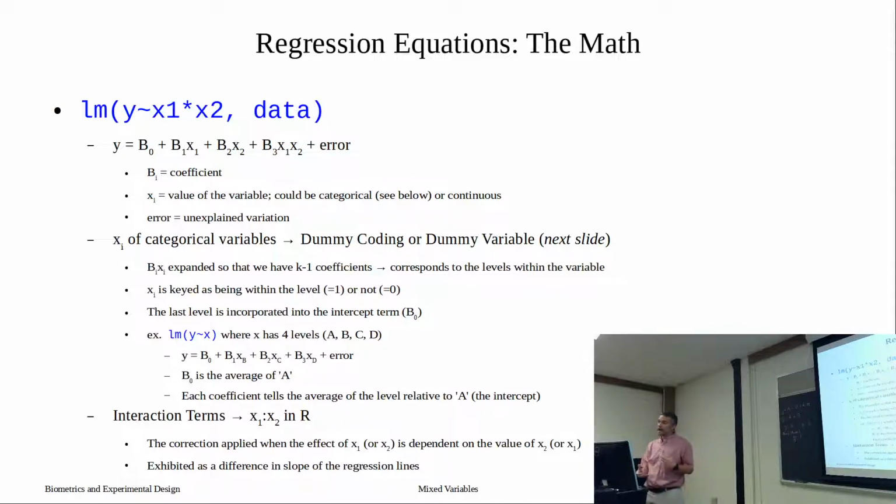If you have just the simple y as a function of x, and I think we talked about this before, what the linear model is going to do is take a look at the graph of all your data points and try to figure out the line that minimizes our residuals. The residuals are the distance between each of our data points and that equation for the best fit line.